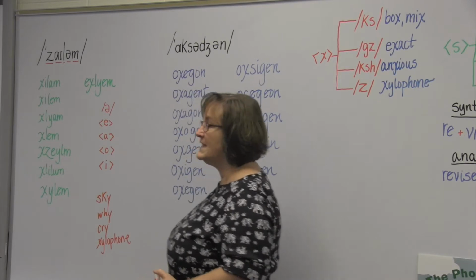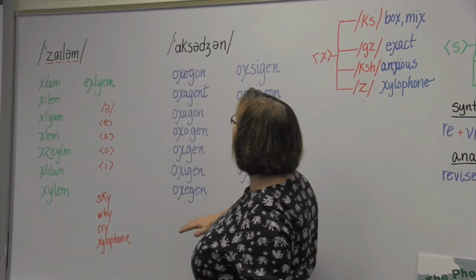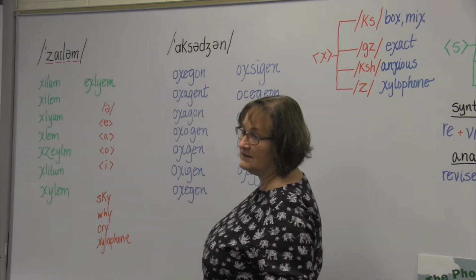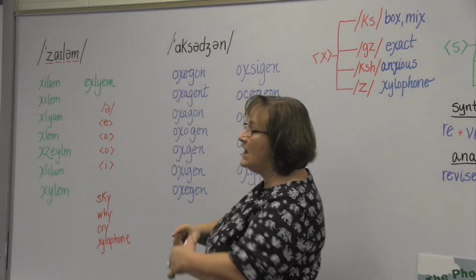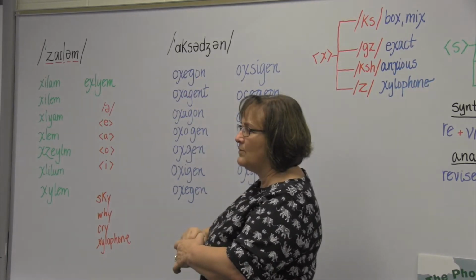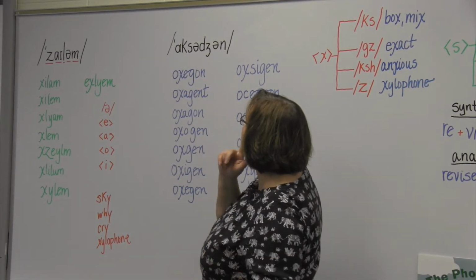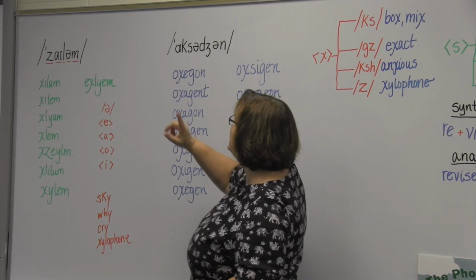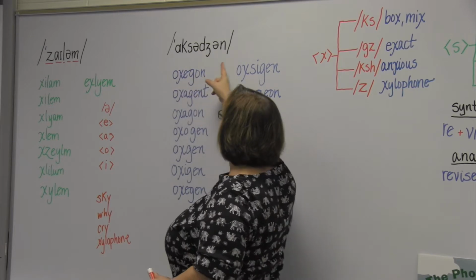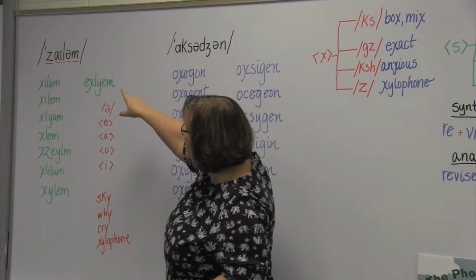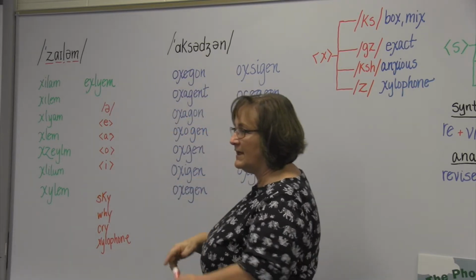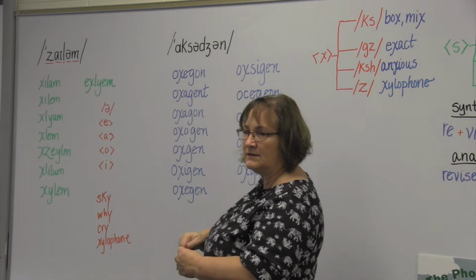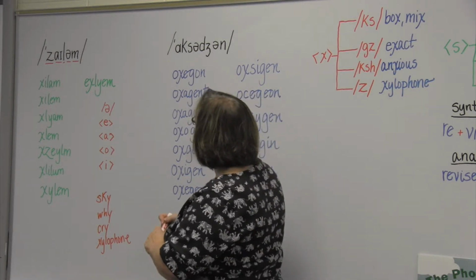Okay, so we've looked at xylem. Now let's do the same thing with oxygen. Somebody tell me, let me see, how do I want to word this? What's the first phone in this? Because I'd like to underline like we did there so we can look at the different letters and ways to pronounce it. Ella?